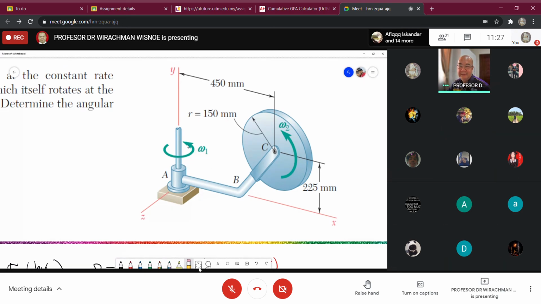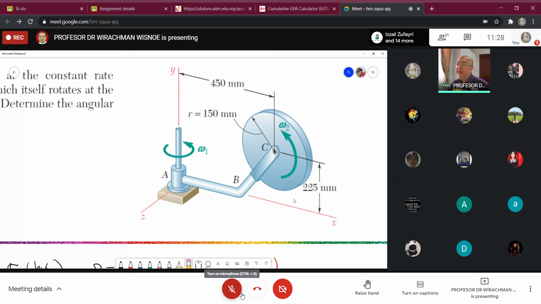Have you followed? And then, where is the direction of your thumb? At positive Y. So omega 1 is positive J, because your thumb is in the Y direction. That is the direction of angular velocity.